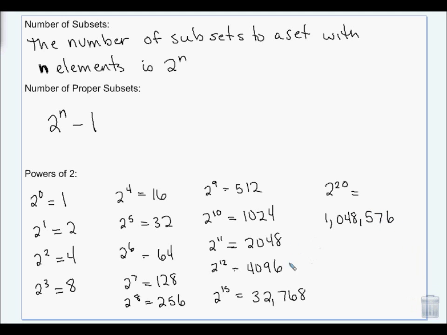So as you can see, it gets really big really fast, and that's because you're just doubling it every time you multiply by 2 again.